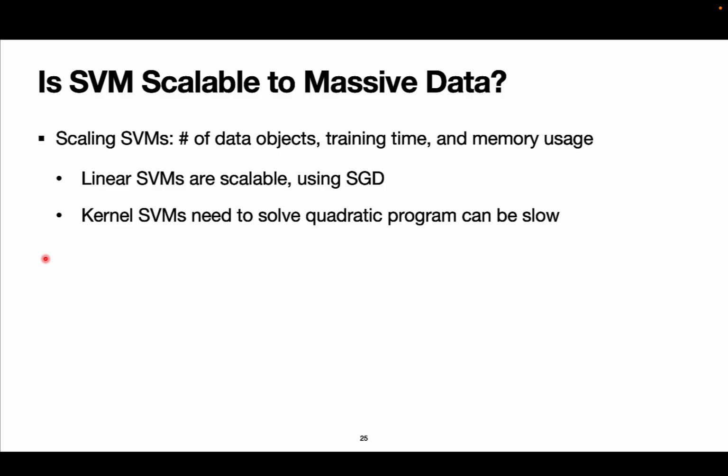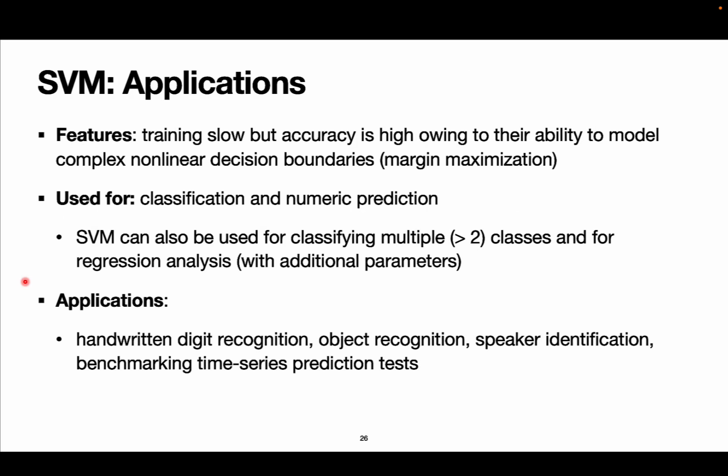In summary, linear SVMs are highly scalable and efficient, whereas kernel SVMs can be powerful in some setups, but their scalability is limited, and it depends on the number of support vectors and the optimization of the solver.